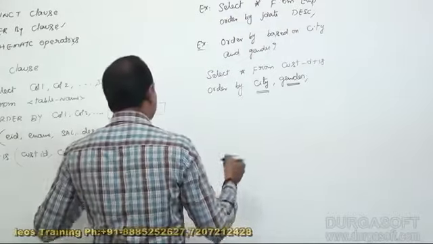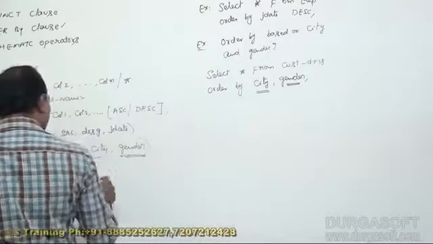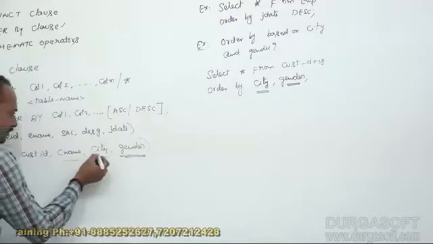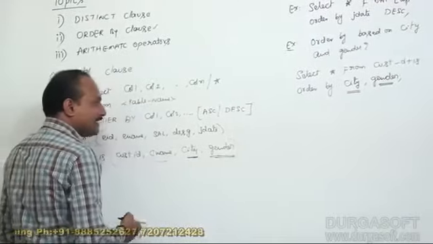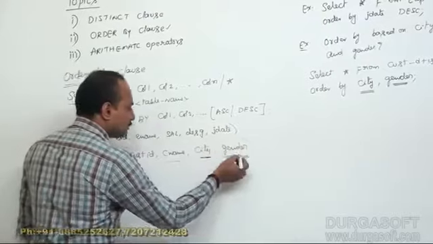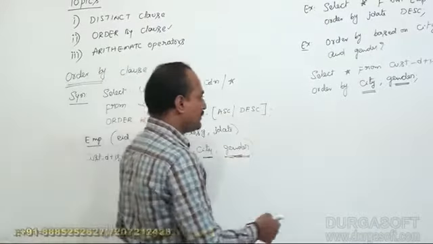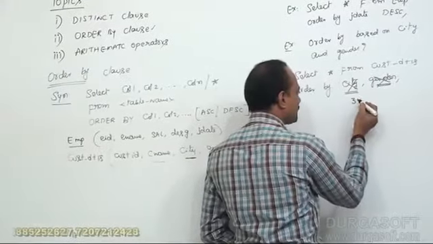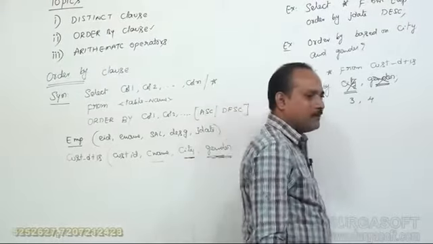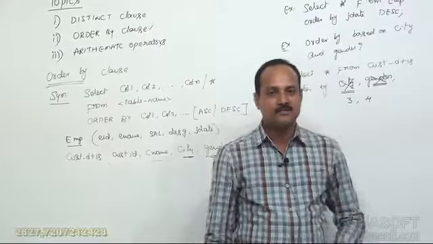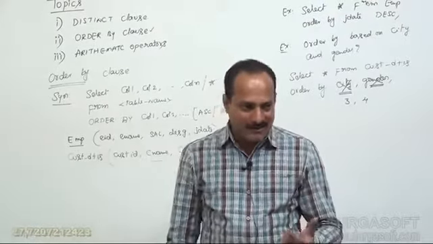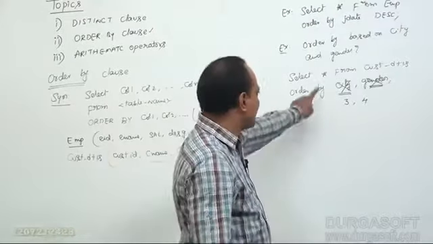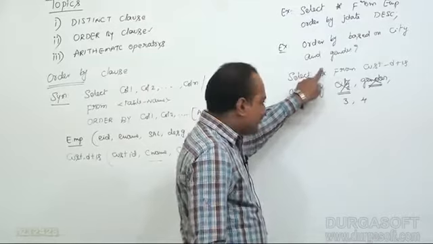So you can also write the same query like this. What is the column position of city? 3. What is the column position of gender? 4. So instead of city and gender, you can also number them 3, 4. First it will order the data according to the third column in the select list.